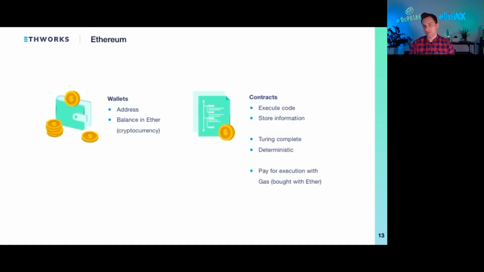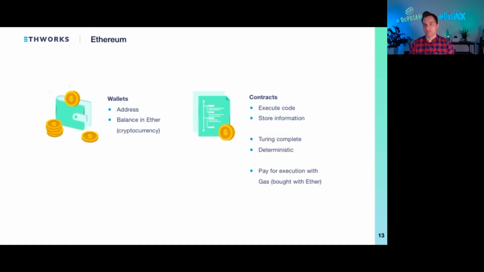So now we can send money from person to person, from address to address, or we can send money to a contract, or a contract can send money to us, or a contract can send money to a contract. And these contracts, by the way, are Turing complete. So for those of you who graduated in computer science, you know that you can build with those contracts pretty much any program that you can build with any other programming language.